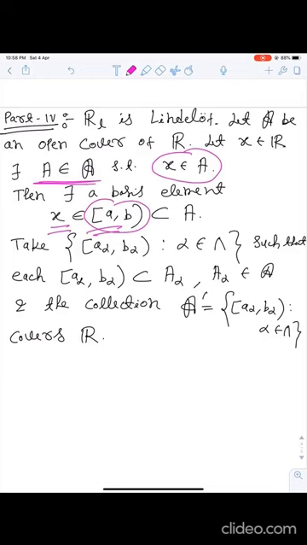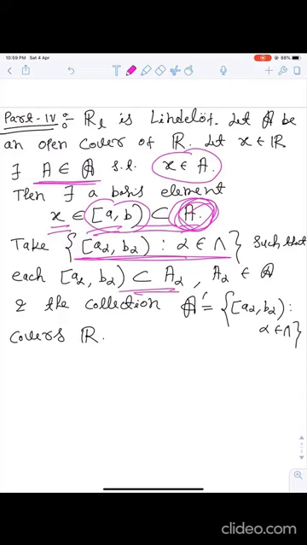If we take all of this collection of basis elements, then that covers R. It is no doubt, right? And each basis element is contained in some A, so we call each [A alpha, B alpha) a subset of A alpha, right?